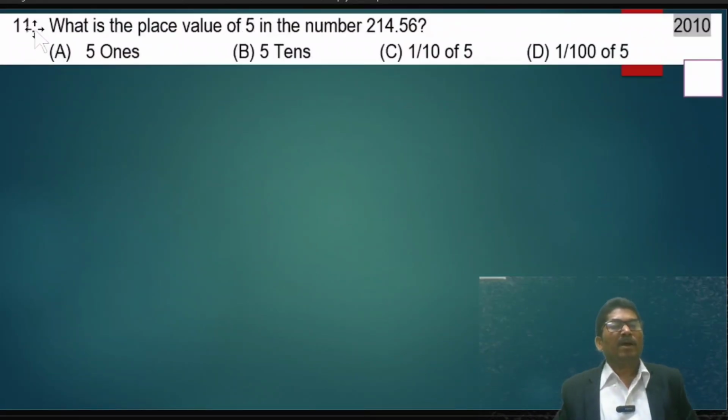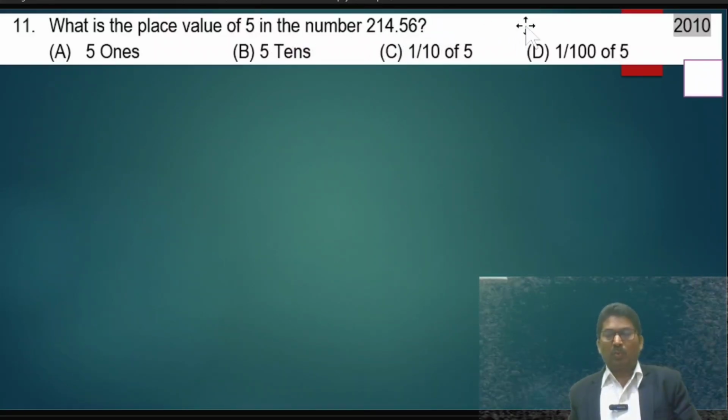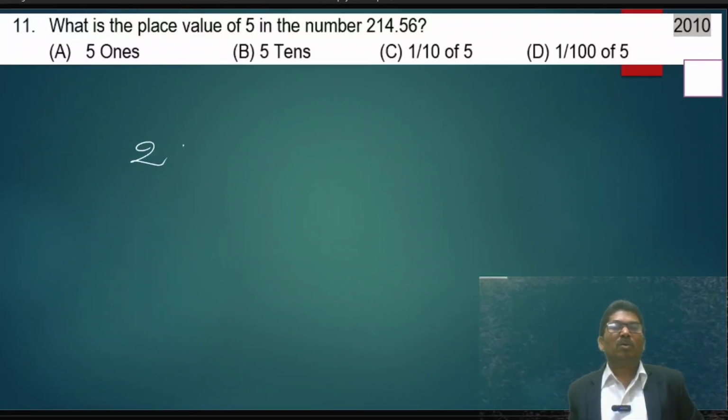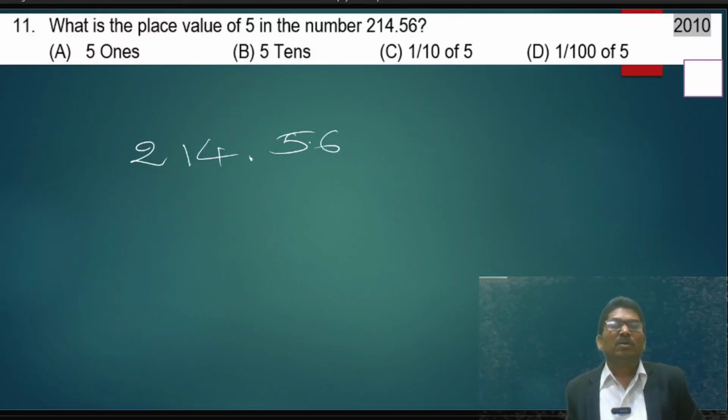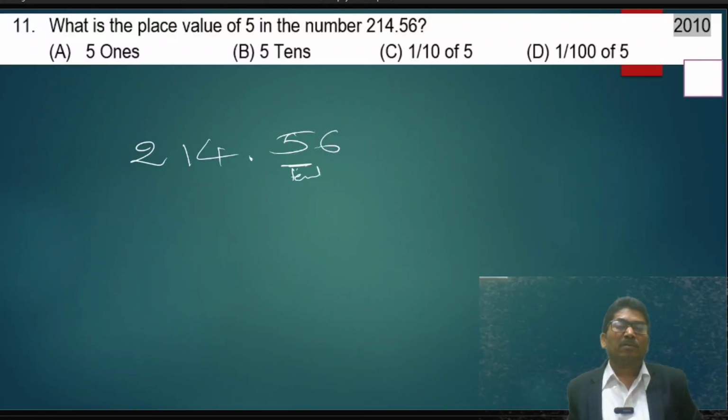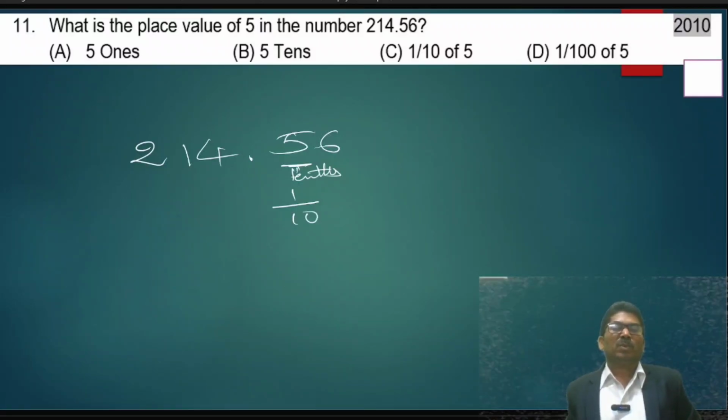Next question 11. What is the place value of 5 in the number 214.56? Place value of 5. 5 is in which place? Tenths place. Tenth means 1 by 10. Or we can write these places.